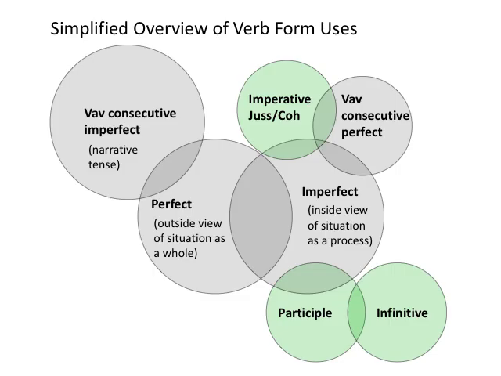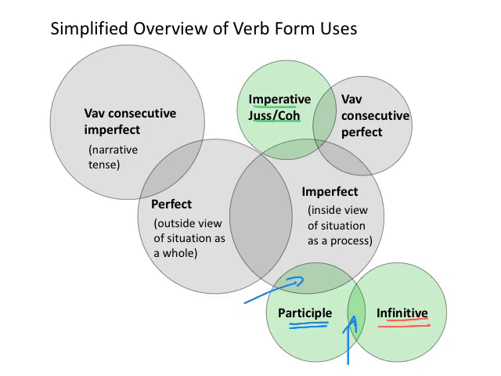Now we add our 3 minor verb forms: the imperative and the related jussive and cohortative, which has some overlap with both the vav consecutive and the imperfect in certain respects of how it's used, and also the participle, which has both its distinct function as a noun, but also an overlap with the imperfect in its verbal use, and the infinitive, again, in its verbal use. And the infinitive is really just the abstract verb idea in general.